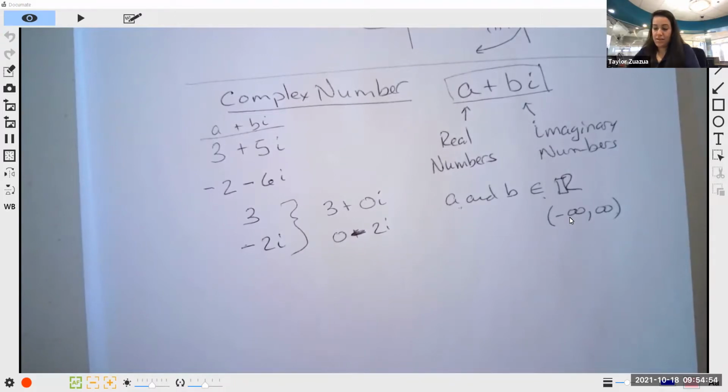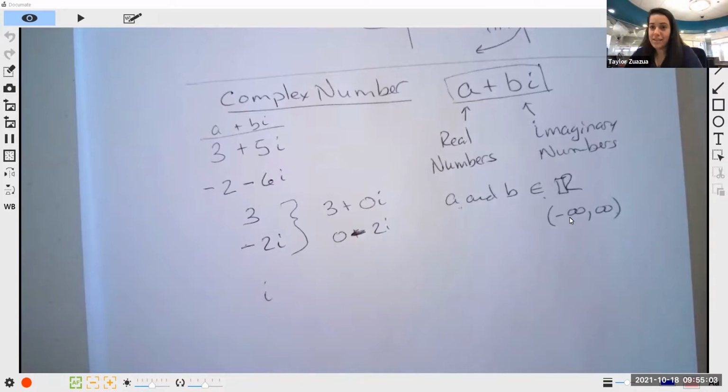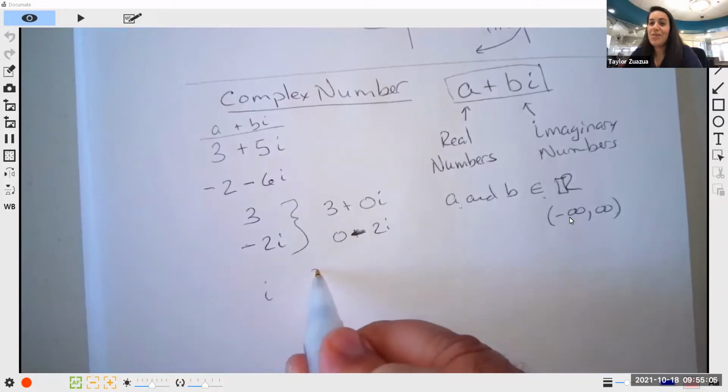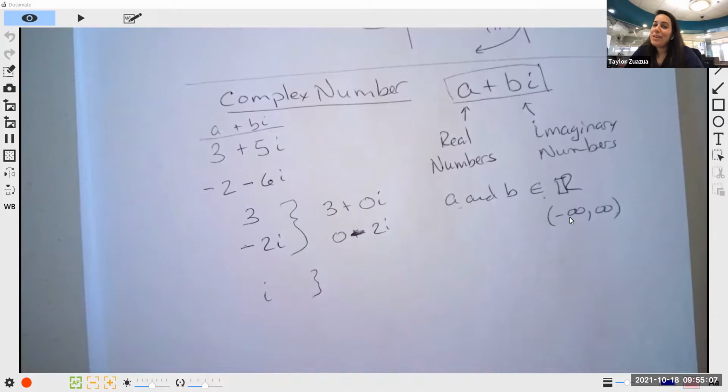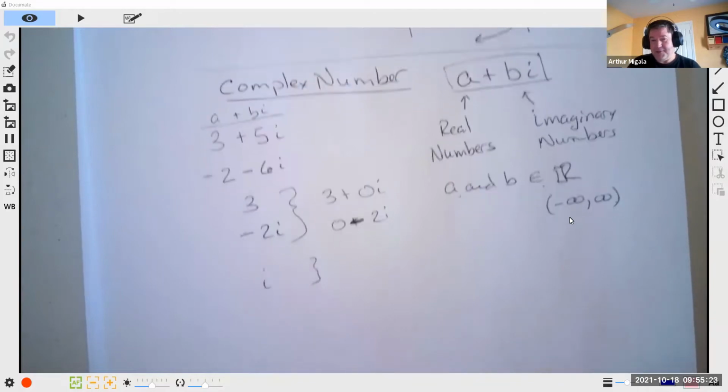Is i an imaginary number or a complex number? Yes. I would think, because 0 plus 0 but i... Yeah, but 0 times i is 0. So is it complex?